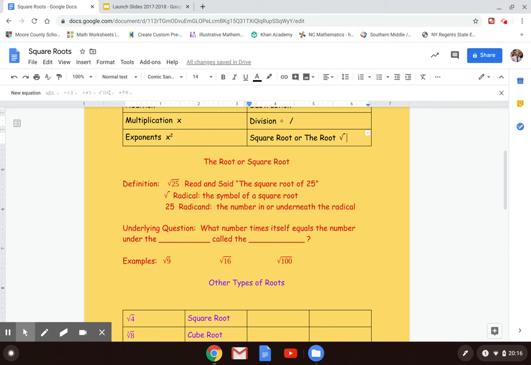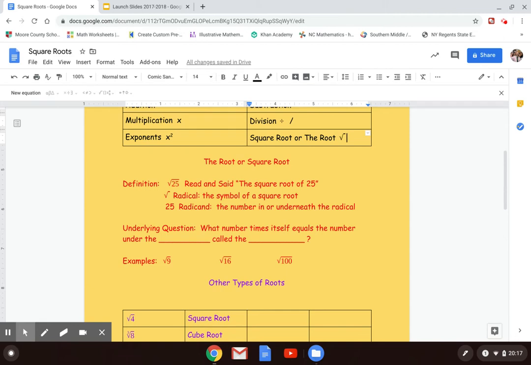All right, the symbol for the square root is called a radical. That's the symbol of the square root, or the root of a number. The number in or underneath the radical is called a radicand. So in this particular example, 25 would be the radicand. Okay?